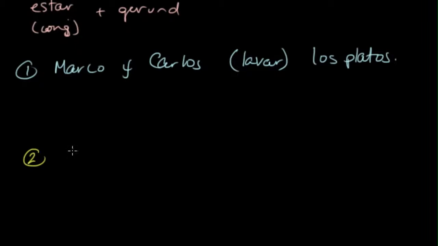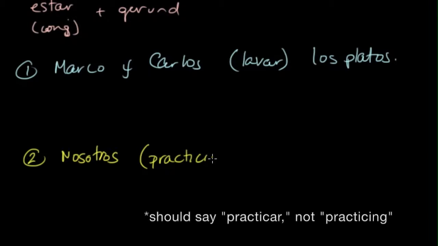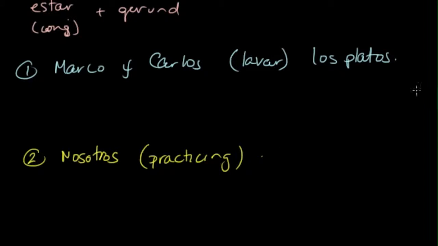And example number 2, nosotros, so we right now are practicing. What are we practicing? We're just practicing in general. Okay, so pause the video, figure these out, and resume when you want to see the answers.